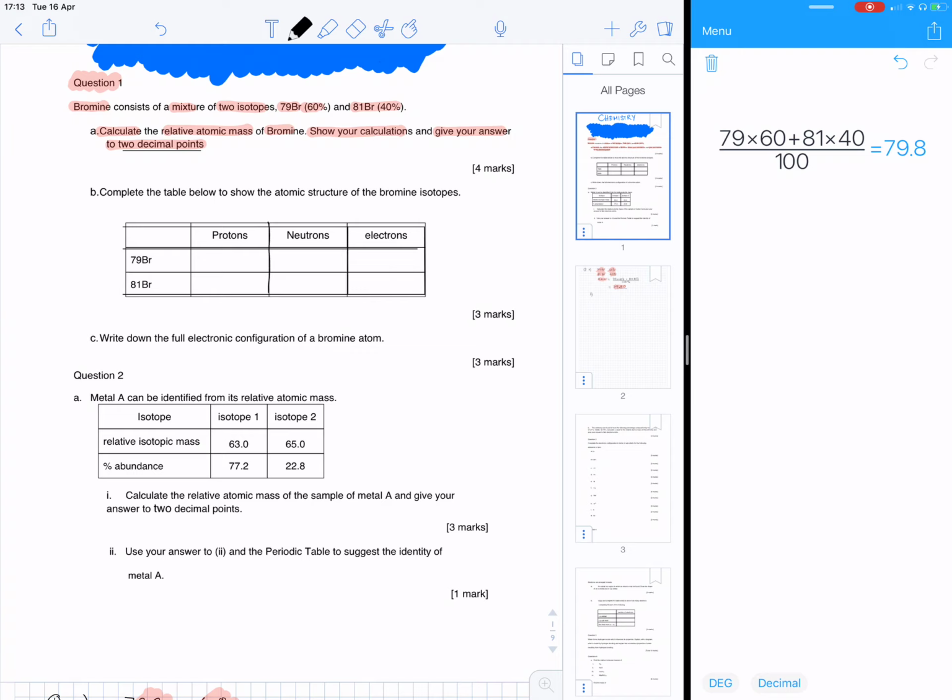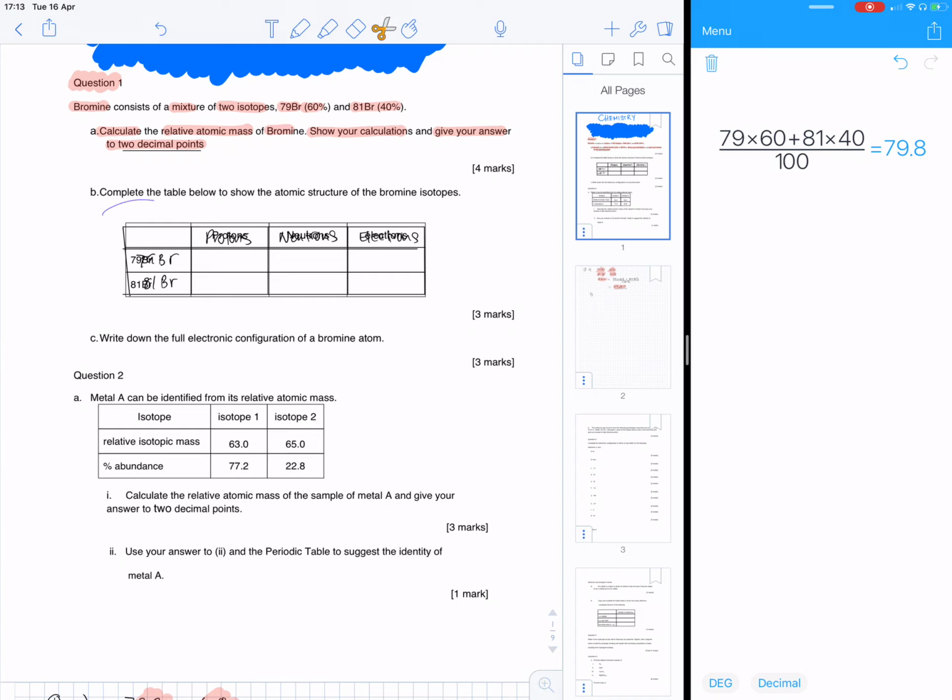So 79 Br, 81 Br, here we have protons, neutrons, and electrons.